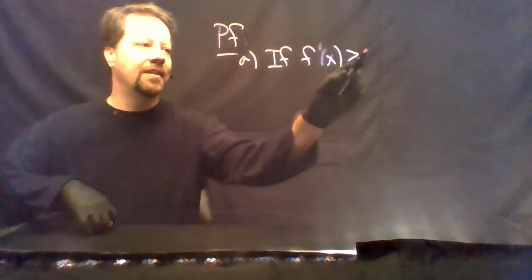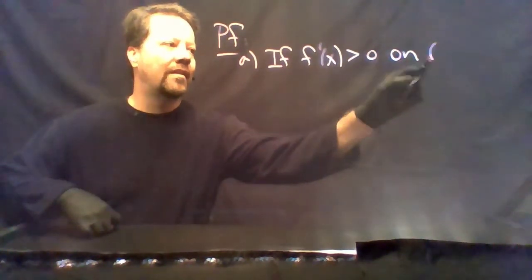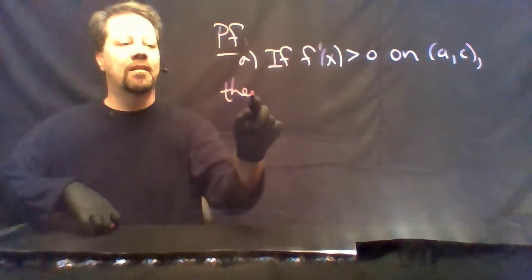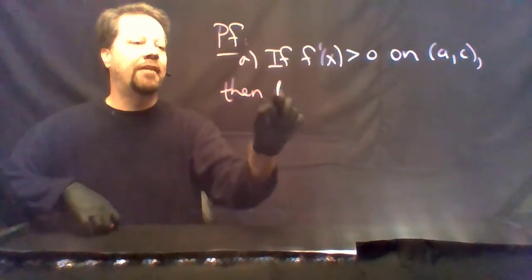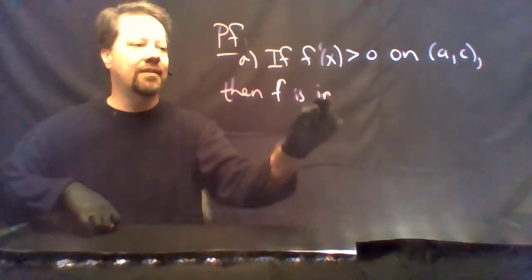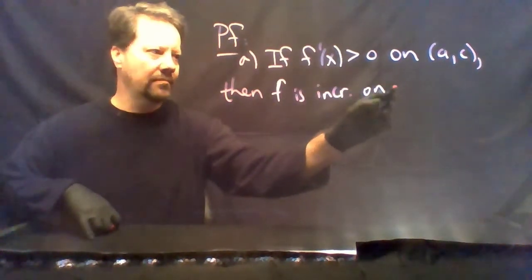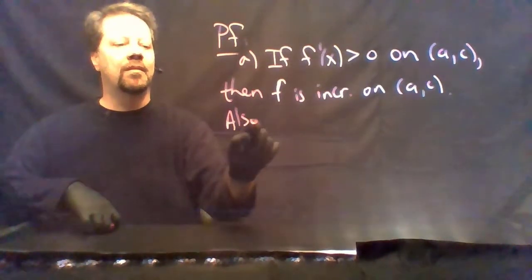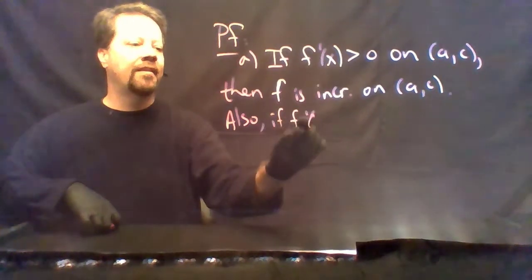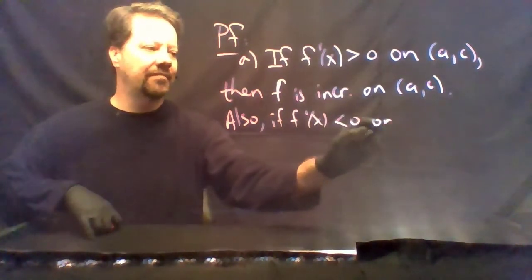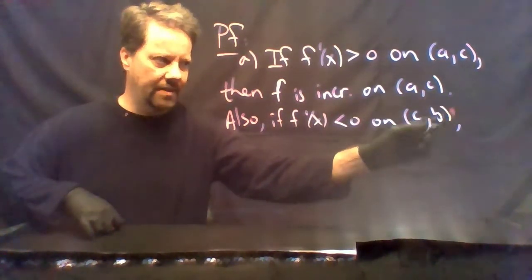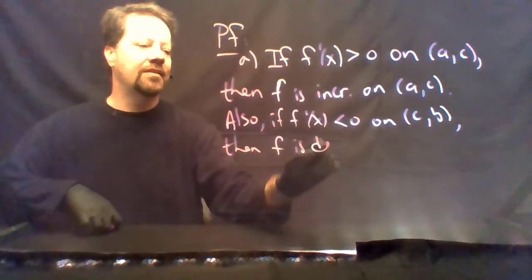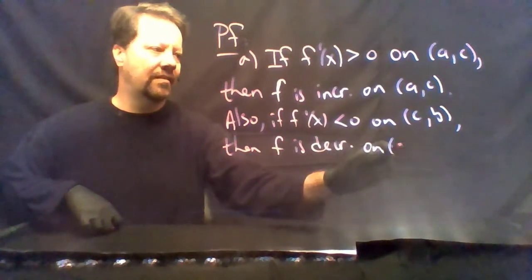If f prime of x is greater than 0 on the interval from a to c, then f is increasing on a to c. Also, if f prime is negative on c to b, then f is decreasing on that interval.